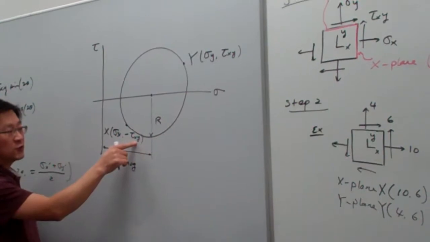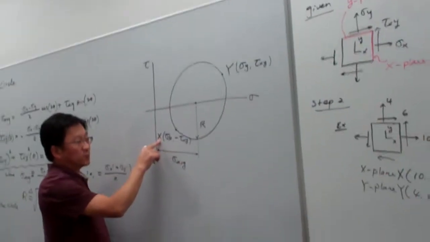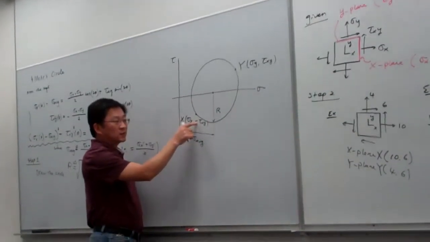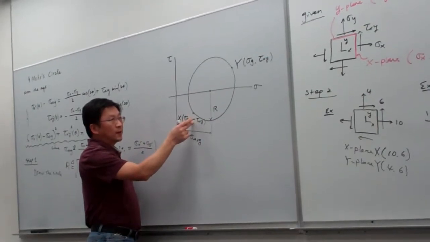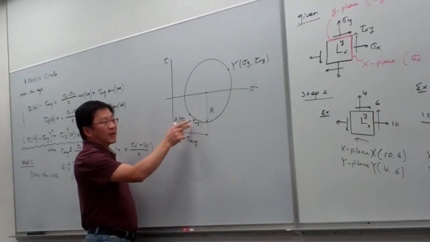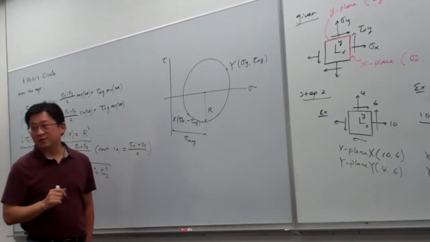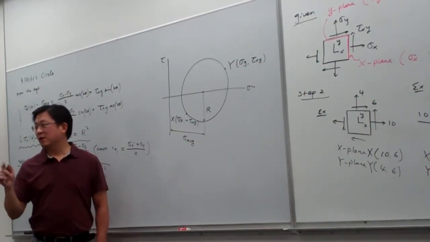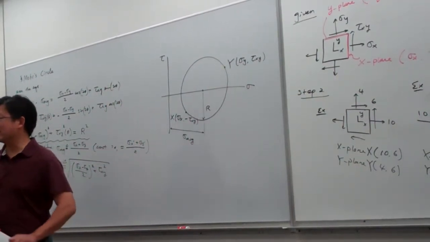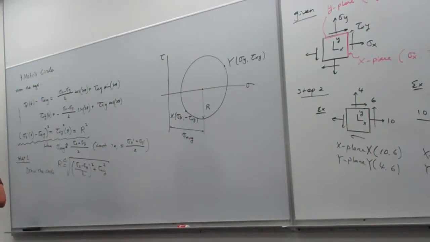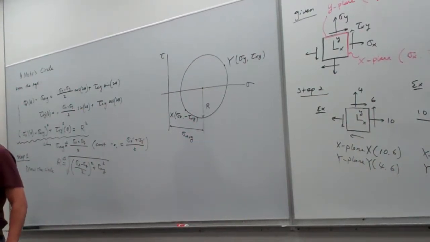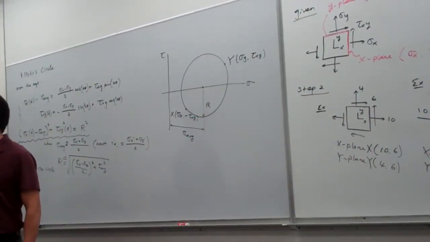That means whatever you got for the shear stress component for the x point, you simply negate that value, and then you put it down on the Mohr circle. Why? Because we have to make it consistent. Okay, that's the way to do that in the Mohr circle.